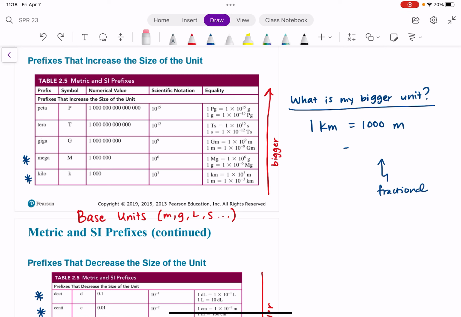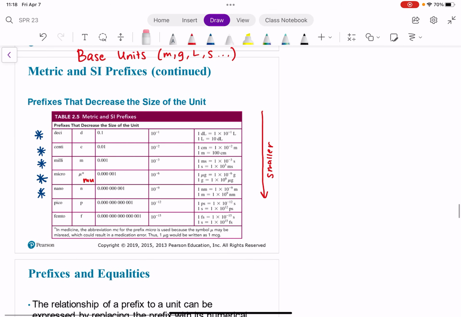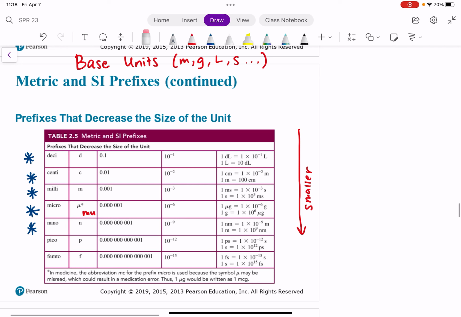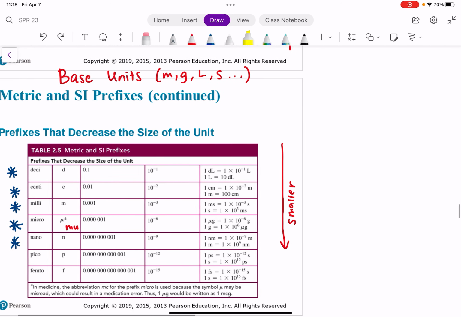Okay, so I'm going to delete this here, and let's think about this concept for smaller units, or units that decrease the size of your base unit. So let's take a look at milli, just because we were just working with that at the top.